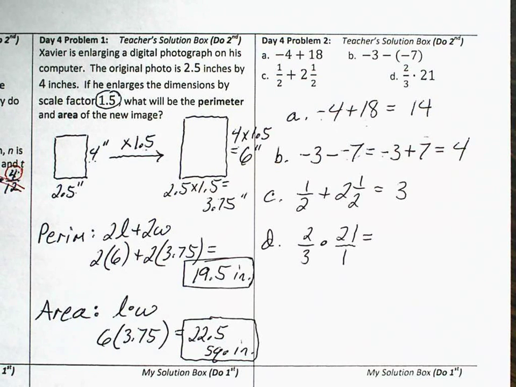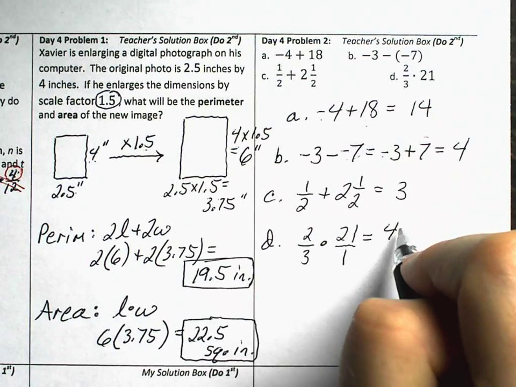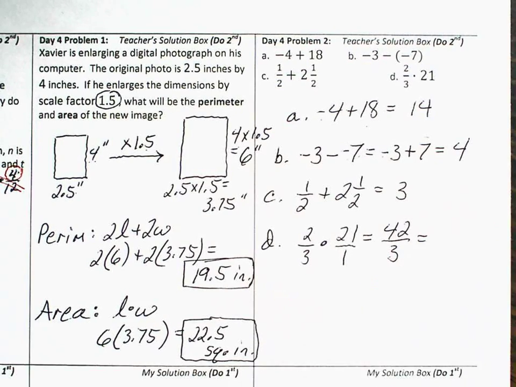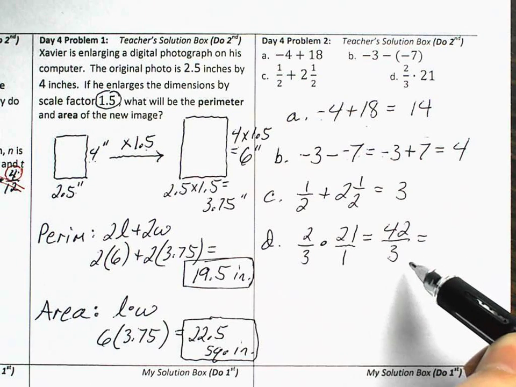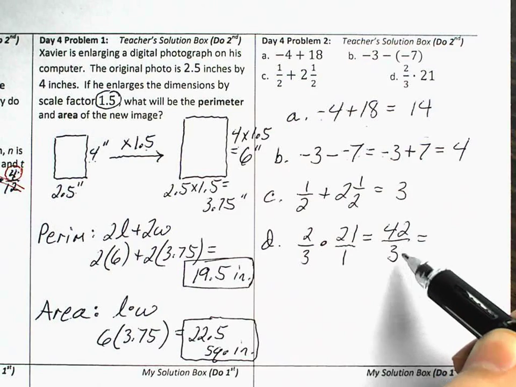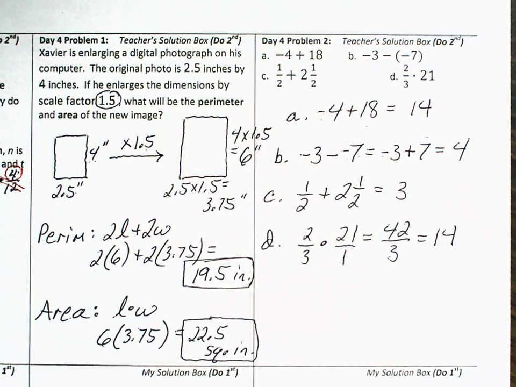And then we can multiply these together. 2 times 21 is 42. 3 times 1 is 3. But then we need to be worried about whether 42 divided by 3 reduces. And it does. 42 divided by 3 is 14.